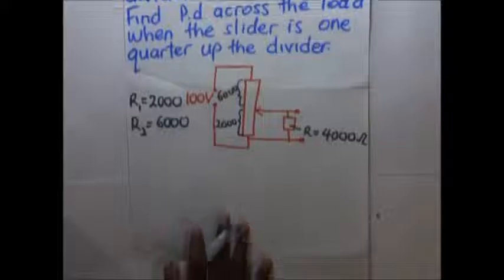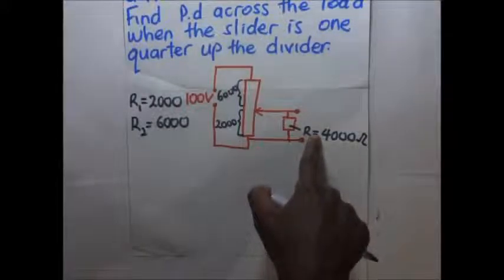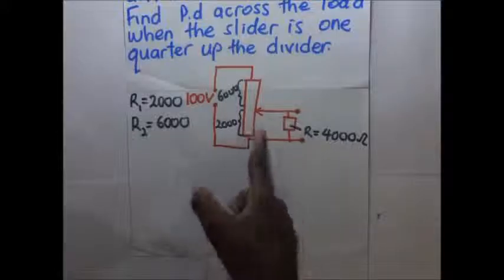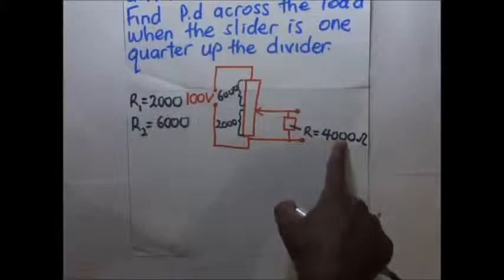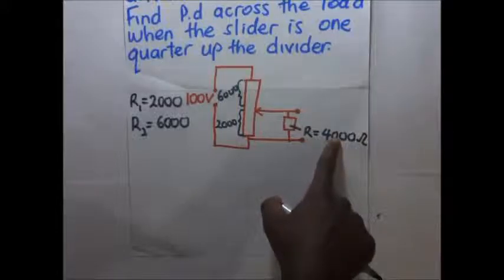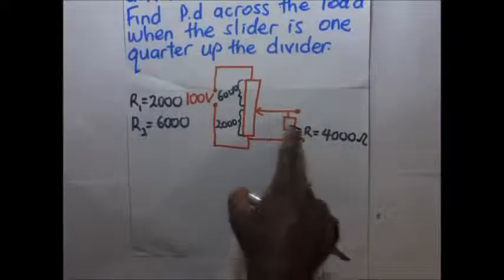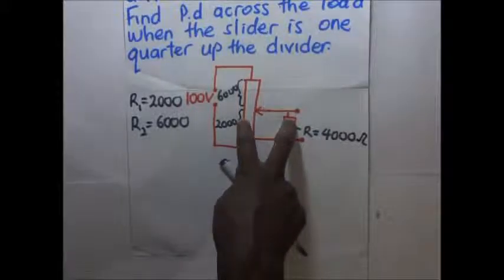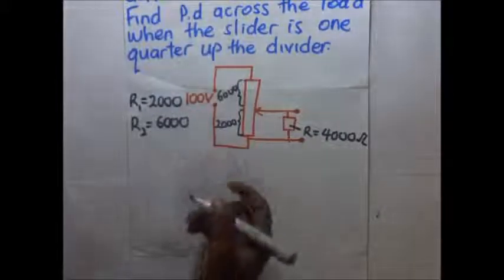Now, for us to get the voltage output, the voltage across here, we remember this is loaded with another resistor of 4,000 ohms. So we need to first find the effective resistance here, so that when we get the effective resistance, then we can apply the other.